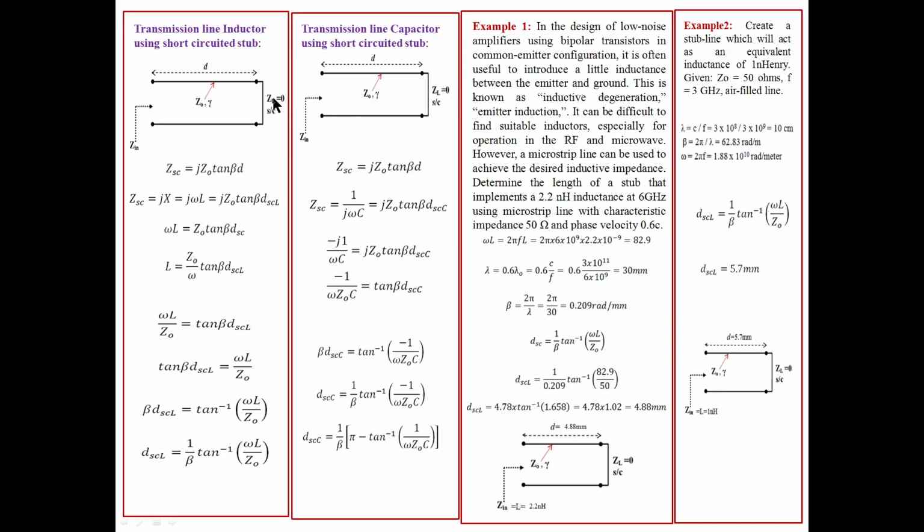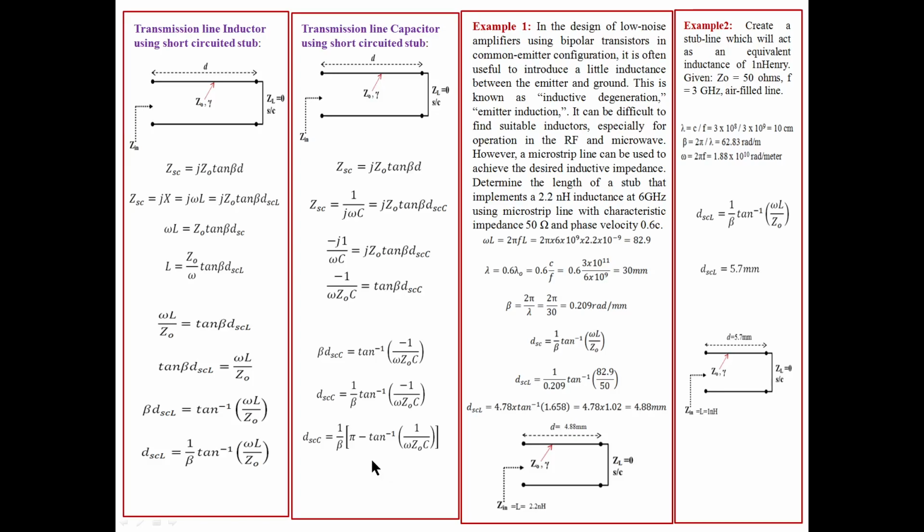Using this transmission line, a piece of transmission line with a particular length based on the L value and C value, instead of using these equations, you can use the Smith chart to find this distance based on the value of L and C easily. That we will discuss today.